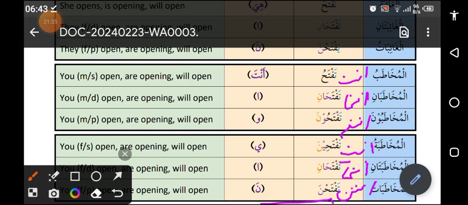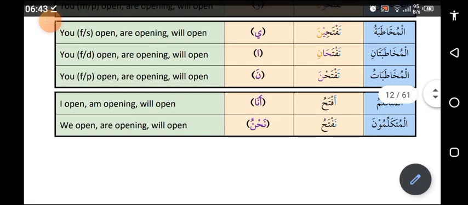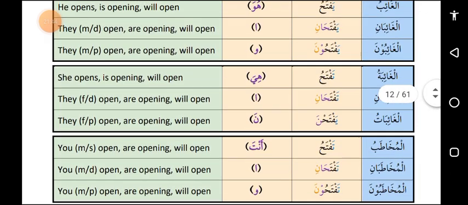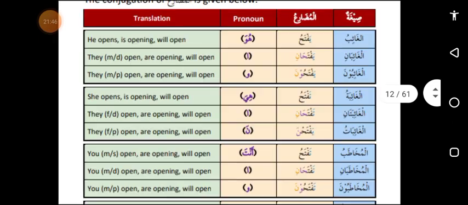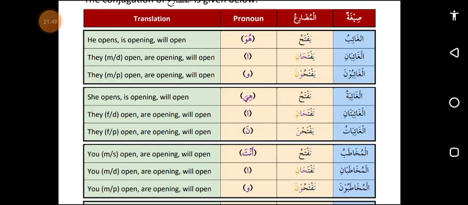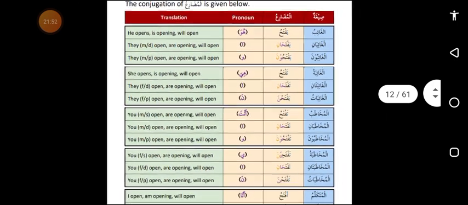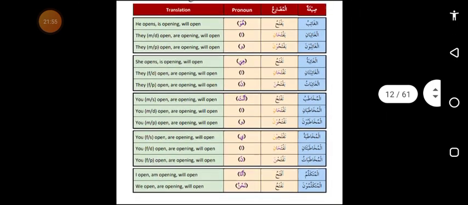Then this siga starts with a ta, taftahna, and then ana aftahu and nahnu naftahu, inshallah. What you do is you repeat these 14 sigas. Either you repeat it with me or you repeat them by yourself by rewinding the video again.